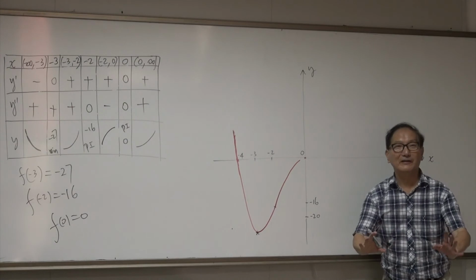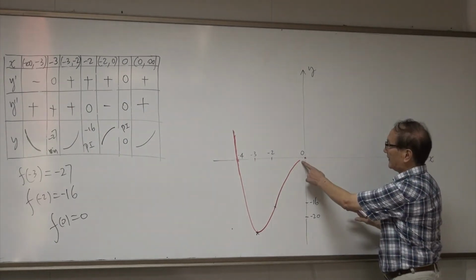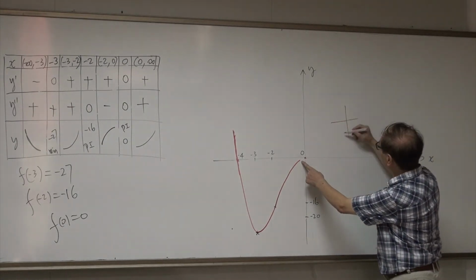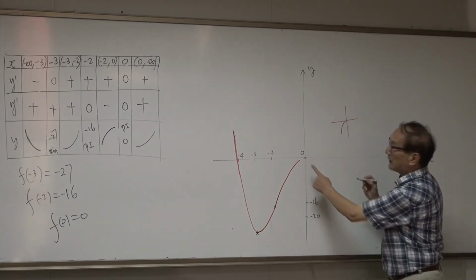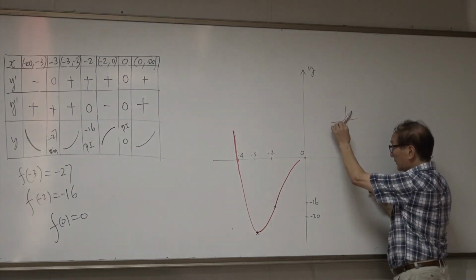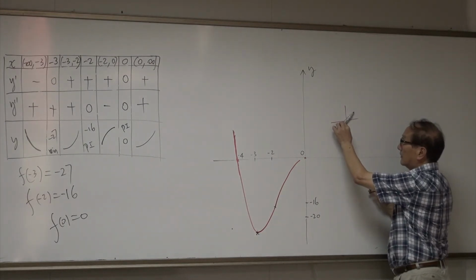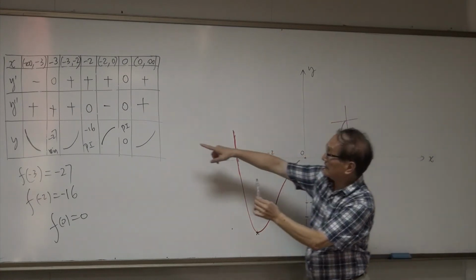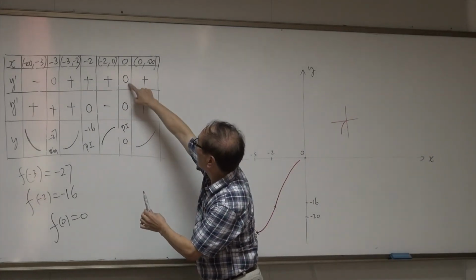Now, be careful. If you draw the curve like this, it might be wrong. Why? Because the gradient of the tangent line to the curve at this point 0 is not 0. But here it is 0.